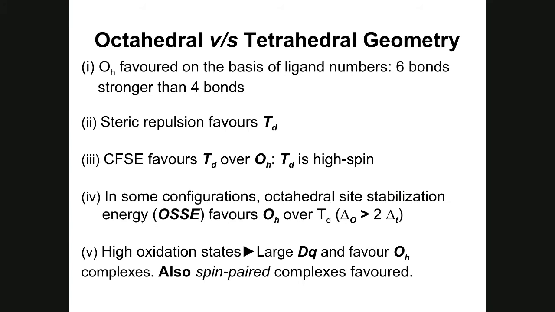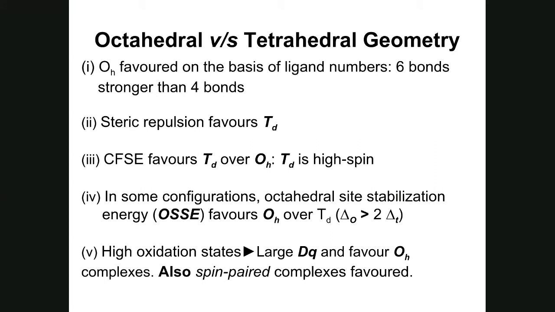The energy that favors a particular oxidation state residing in the octahedron rather than the tetrahedron is called the octahedral site stabilization energy. So the metal, or a particular oxidation state of the metal, targets the octahedral site in a particular system. We'll see this when we get to the spinels very soon.